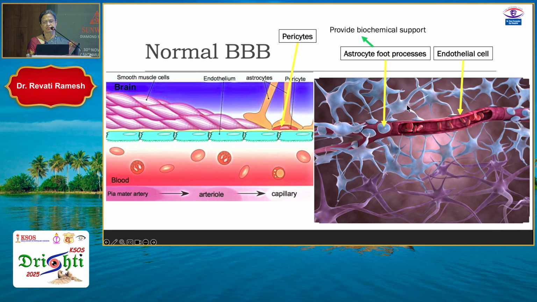Along with this, the astrocytic foot processes are closely related to the endothelial cells. They provide biochemical support and thus indirectly form part of the blood-brain barrier.